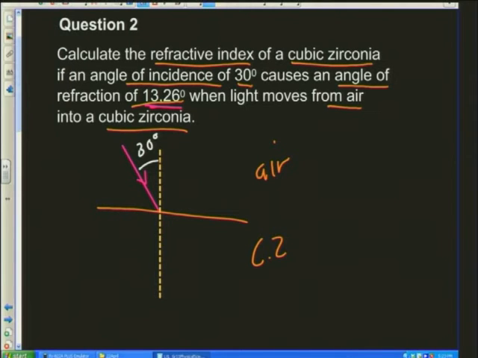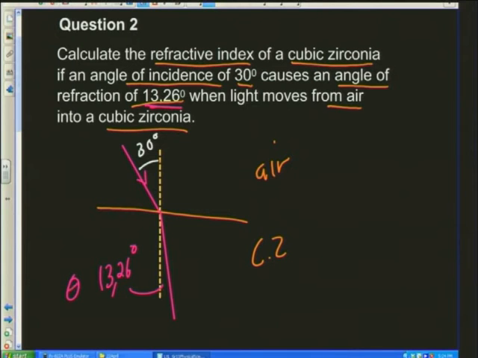Notice it's got smaller. That means it's going from optically less dense to optically more dense, which kind of makes sense. So this angle of refraction is only going to be a small amount, 13,26 degrees.